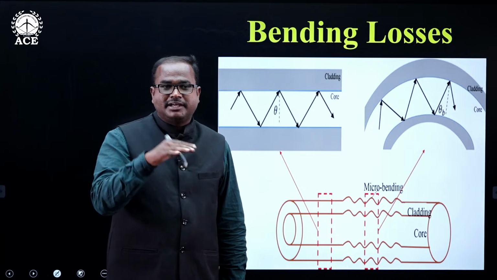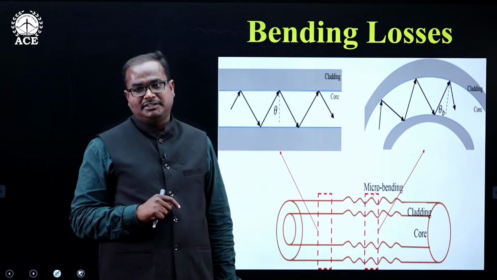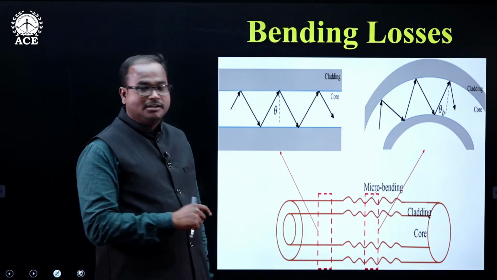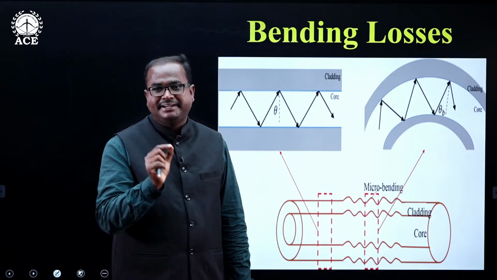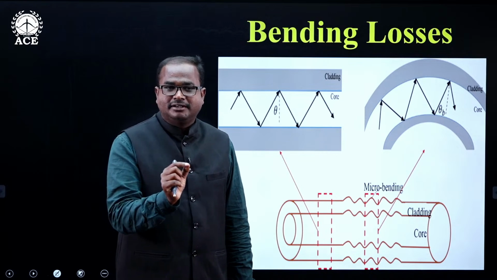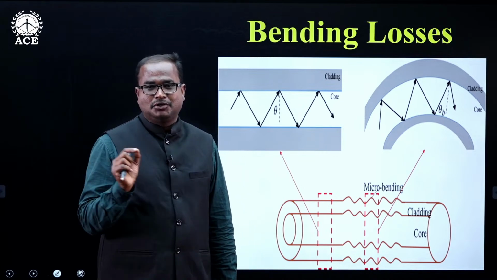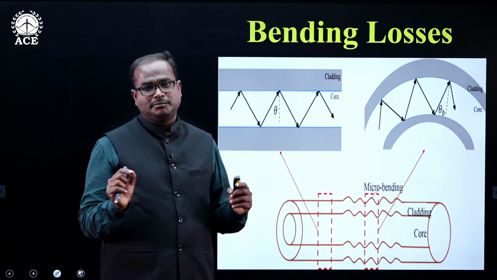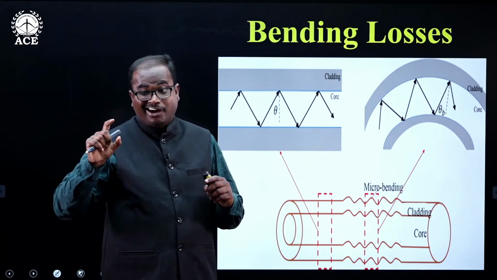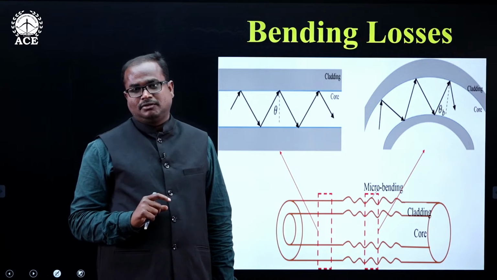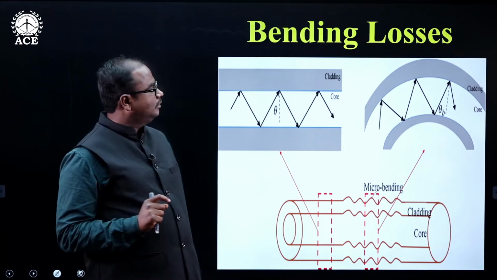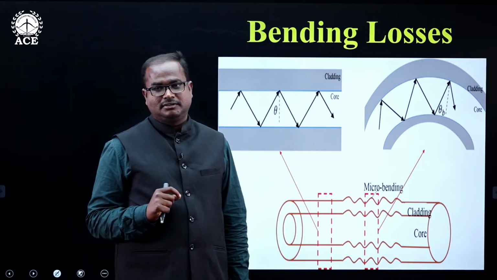Sometimes the total internal reflection may not take place because of these bends, micro bending, those small bendings. Because of that, power losses will be there, and the output power is different from input power. So this is mainly due to bending losses.